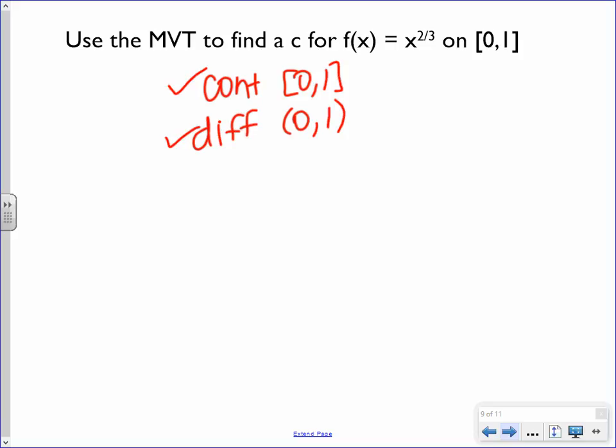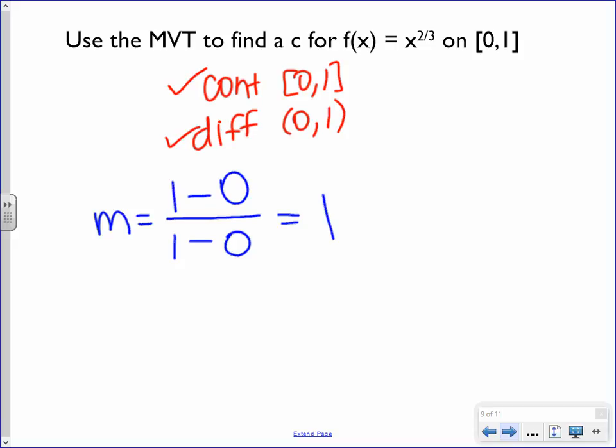So, for the mean value theorem, we need the slope between 0 and 1. What is our function value at 1? 1. And our function value at 0? Okay? So our slope is 1.